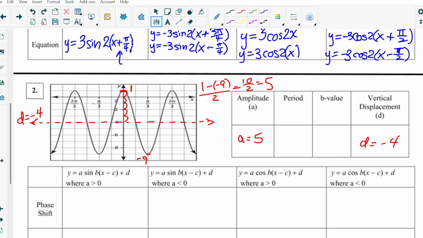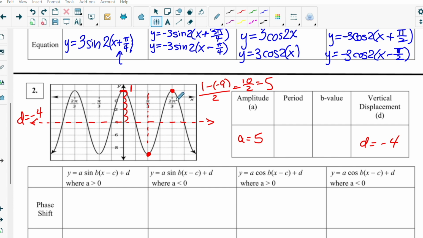Let's start from a convenient point here. Let's see. Where can we start? Let's start right there. That's at pi over 3. And let's go half a period, and then let's just multiply by 2.